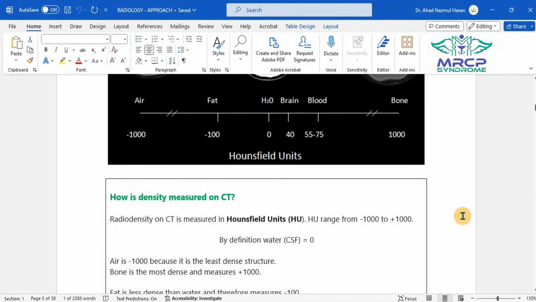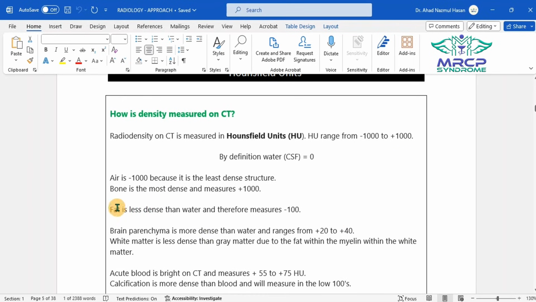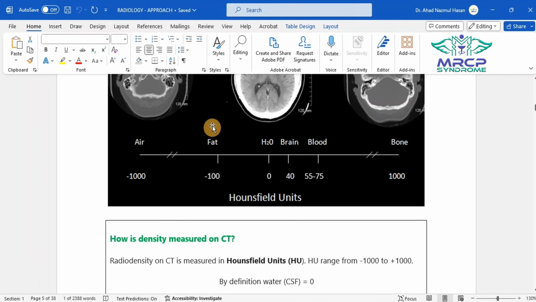So we are discussing the Hounsfield unit. The fat is less dense than water and therefore measures minus 100, so the fat would be hypodense. Usually the fat is hyperintense in T1 and T2, but in case of CT scan, the fat would be hypodense.